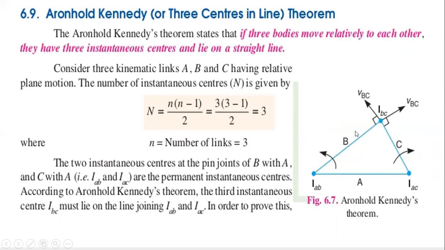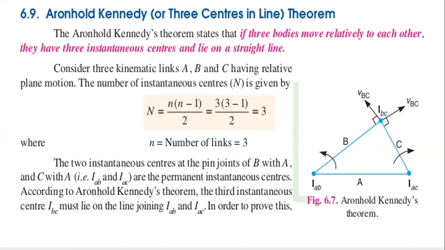These are the three different instantaneous centers for the links A, B and C. It has different vectors also, that is the velocity of B and the velocity of C, both in the perpendicular direction from the instantaneous center of BC, at a right angled position.